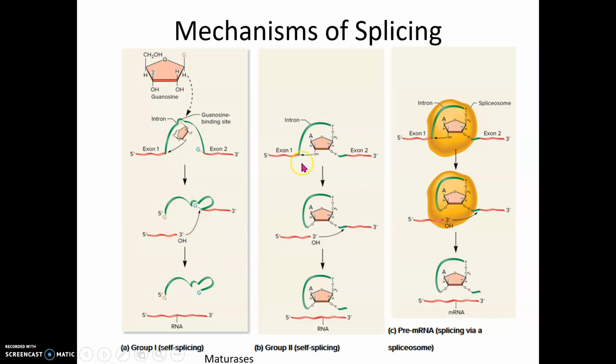This is group 1. With group 2, it's catalyzed by an adenine. So this adenine is able to break the bond between exon 1 and intron 1, and then exon 1 joins to exon 2. I'll also note here that in cells, this process is usually sped up by maturases, or maturases, depending on how you pronounce it. Okay, so these are enzymes that enhance the rate of self-splicing.